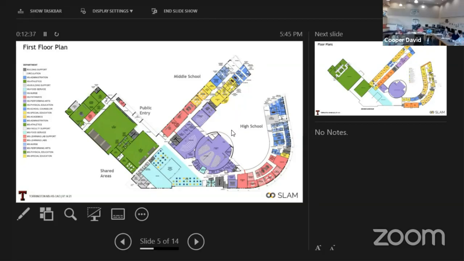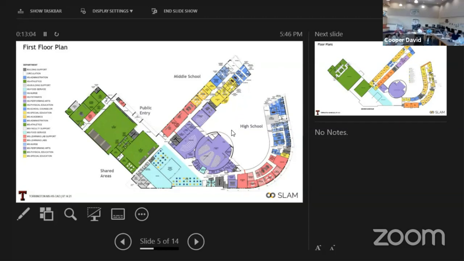And a wall actually doesn't even address, because the middle school kids don't go into the high school side, a wall doesn't even address the traffic flow issue. There's still going to be this interaction right here. So let's talk about third period.